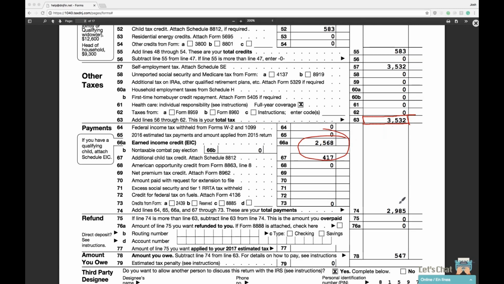So when you say $3,532 minus $2,985, you are left with $547. And this is the amount you owe. Check this out. There's no penalty on that, because the customer has dependents and the customer has a Social Security. There's no penalty on that.